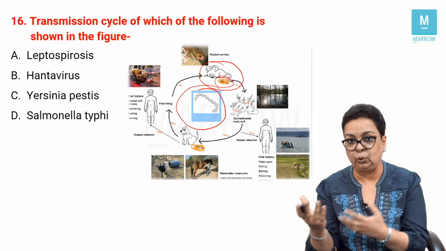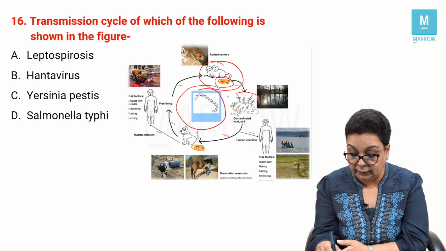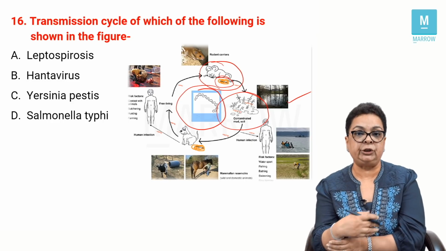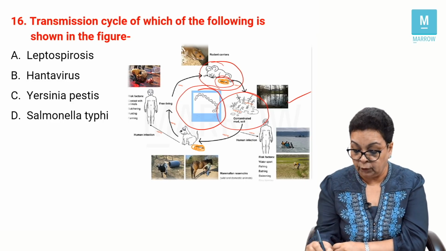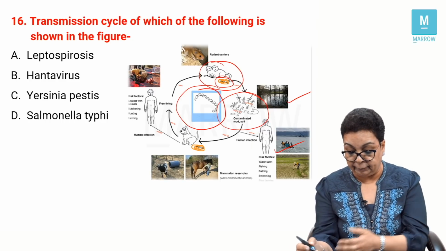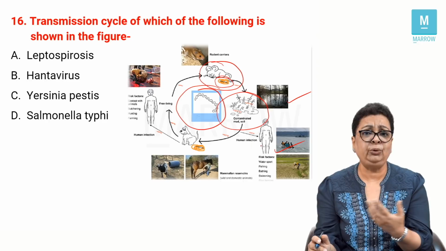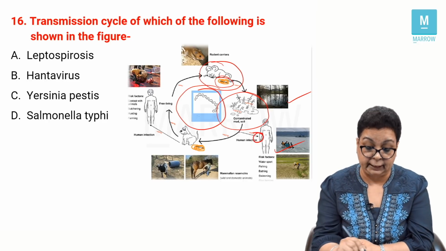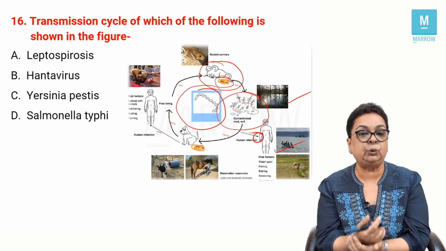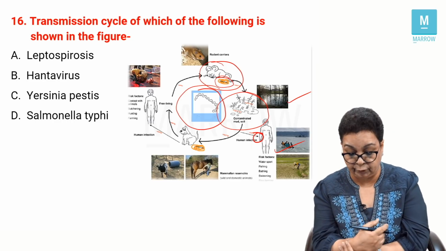Of course, in lepto, it is urine. Then contaminated mud and soil while you wade through water, which is like flooded water, or while water sports, fishing, bathing in contaminated water. That's how it enters the skin, okay? Through breaks in the skin or swimming, exposure of conjunctiva or mucous membranes.